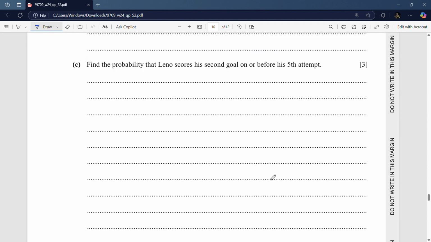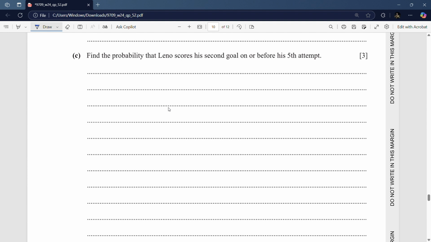Find the probability that Leno scores his second goal on or before his fifth attempt. So it means that he has already scored one goal, so it can't be on the first attempt, but it can be on his second, third, fourth, or fifth attempt.